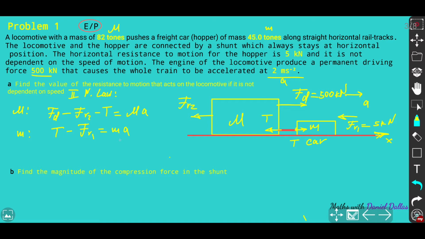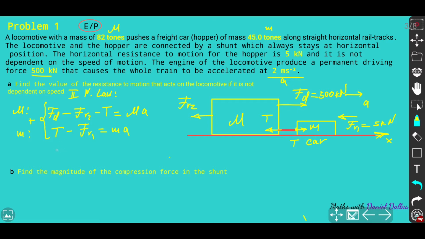How to solve? We don't care about the tension in this question, so we need to kill this variable, and we solve it as a system of equations. What I'm going to do is just add them, because I see T and negative T will cancel in this case.